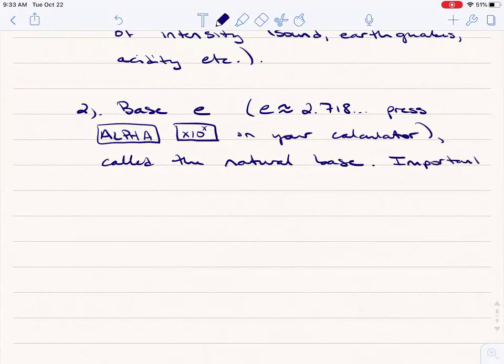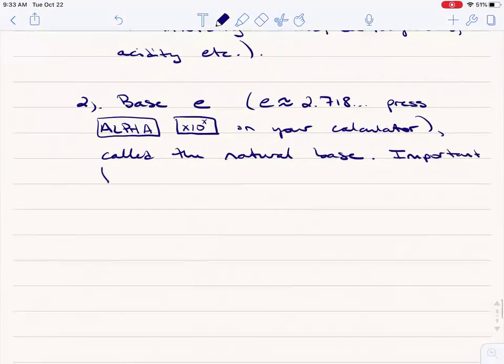And it's important for modeling growth curves, typically. Actually, the natural base is kind of important to a lot of things, so it's kind of a go-to for a lot of fields.